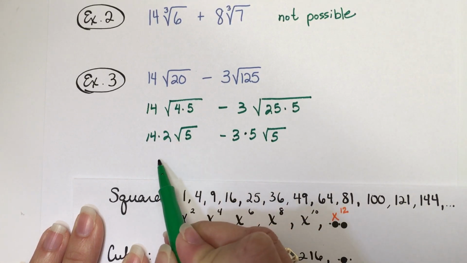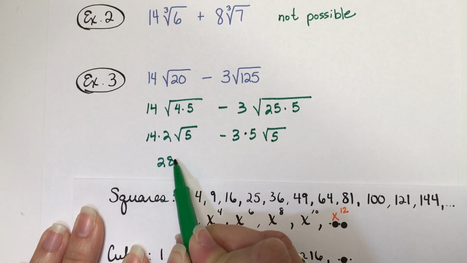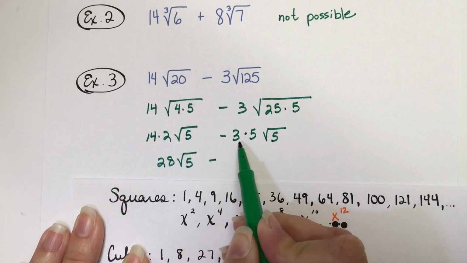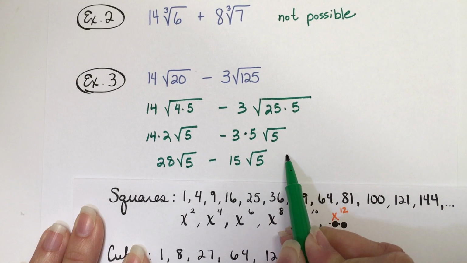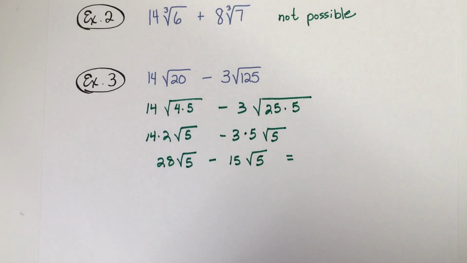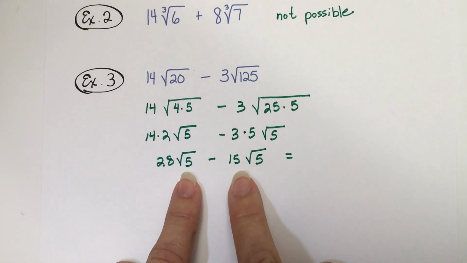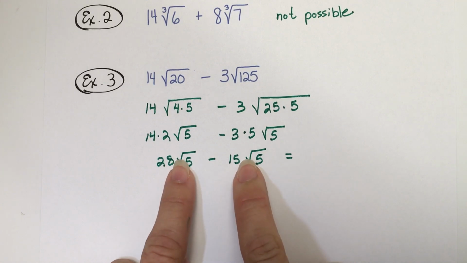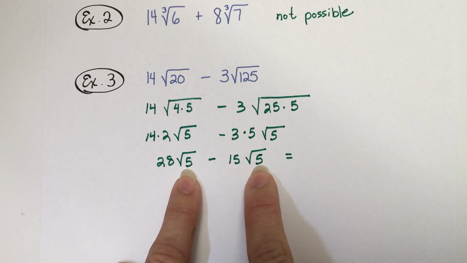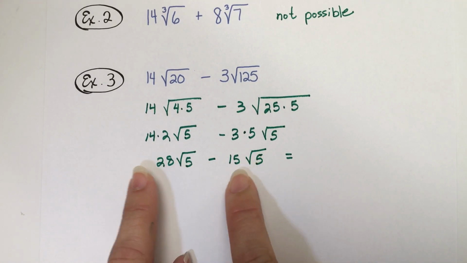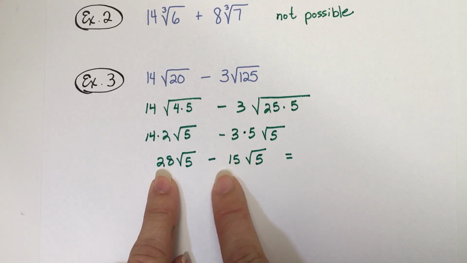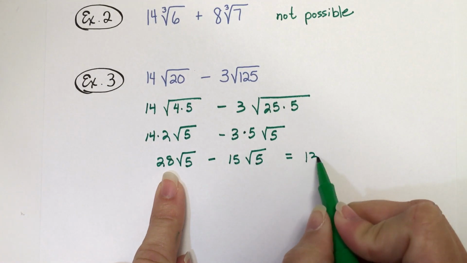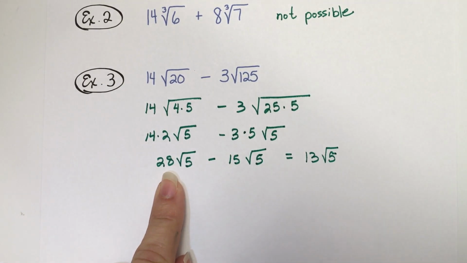So 14 times 2 will give me 28. 3 times 5 will give me 15. Okay, but see, now I have this simplified to a point that I can subtract now, because these are both square roots. What I have underneath is exactly the same. Therefore, I can do the subtraction here. So 28 minus 15 is going to give me 13 square root 5.